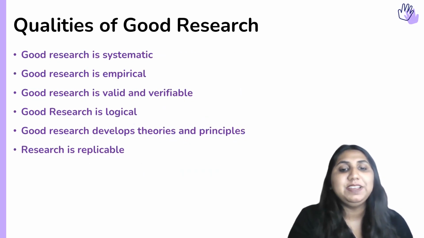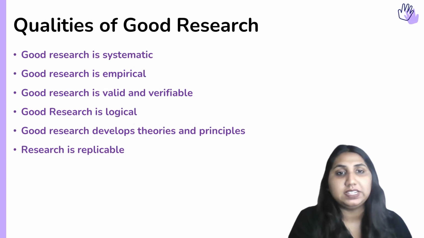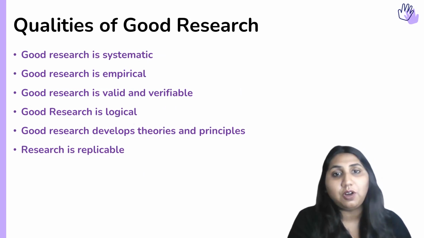All right. Coming ahead to the next concept, what are the qualities of good research? Good research has certain specific qualities. So first is that good research is systematic in nature. This means that whatever research is being done, it is structured according to a set of rules to follow certain steps in a specified sequence.